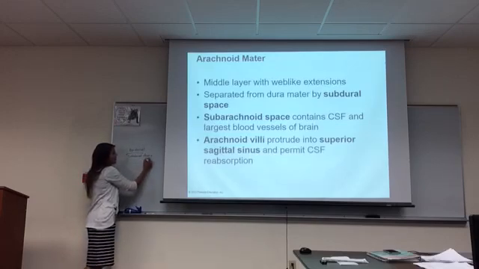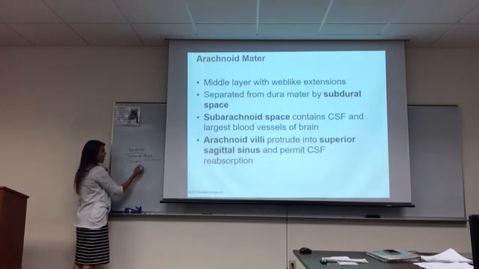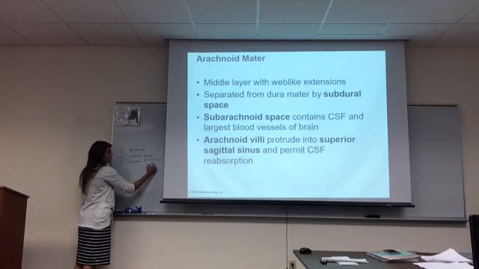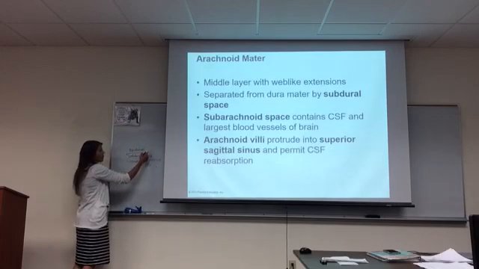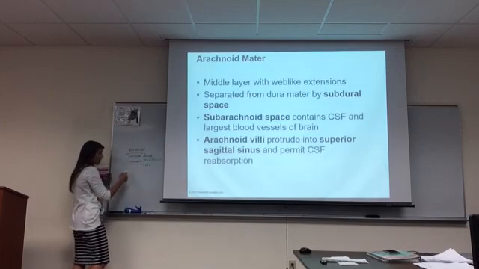And then we have arachnoid mater, and then this would be subarachnoid. I'm going to spell that wrong. And then you have pia mater. So you have epidural, Dura Mater, and then subdural, arachnoid mater, subarachnoid, and then pia mater.